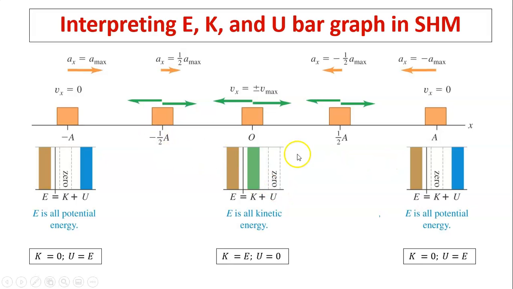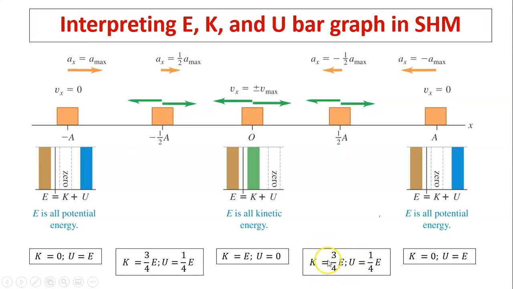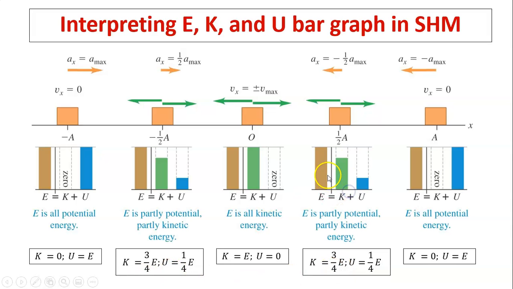How about in the middle? When x is at half amplitude, its potential energy is 1/2 k x squared. So this squared becomes 1/4 of A squared. So the potential energy is just 1/4 of the total energy. And the kinetic energy has to be 3/4, since these two added together equal E. So what does the graph look like?